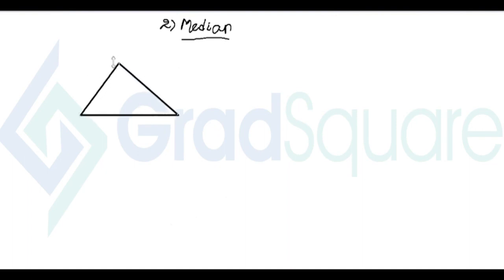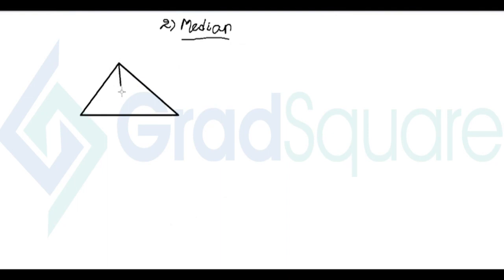Moving on. The second construction of significance that we can make inside a triangle, of course, is a median. A median is constructed by joining one vertex with the midpoint of the opposite side.